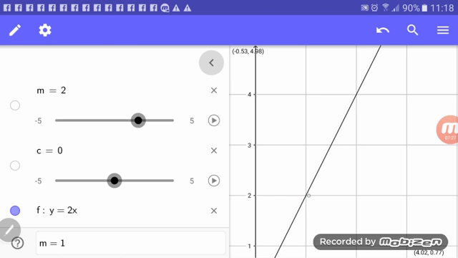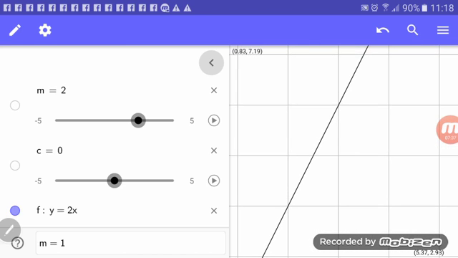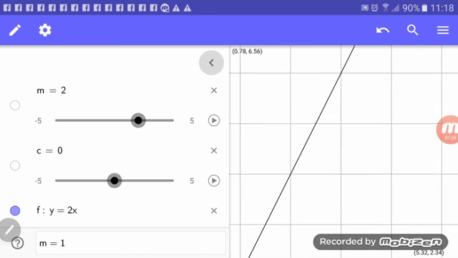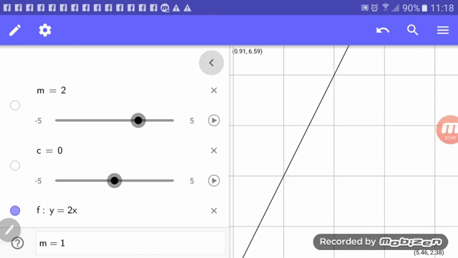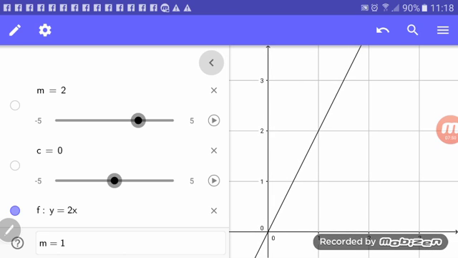Our gradient is rise over run, and our rise is 2, so we go up 2 and we go across 1. Can you see it is the same each time we go along? So at our point 2, 4, let's do it again. Up 2, across 1. So this is how we can draw a graph from the gradient. What if we're going backwards though?